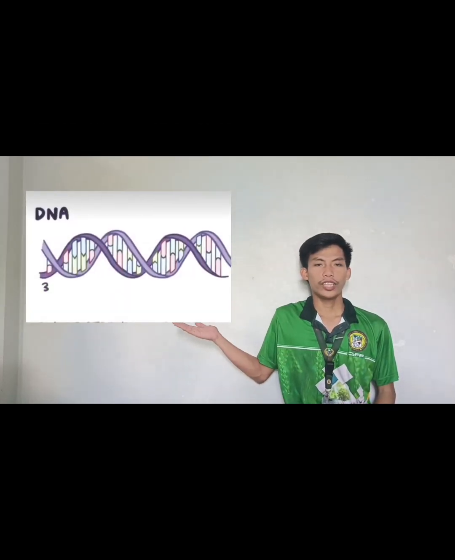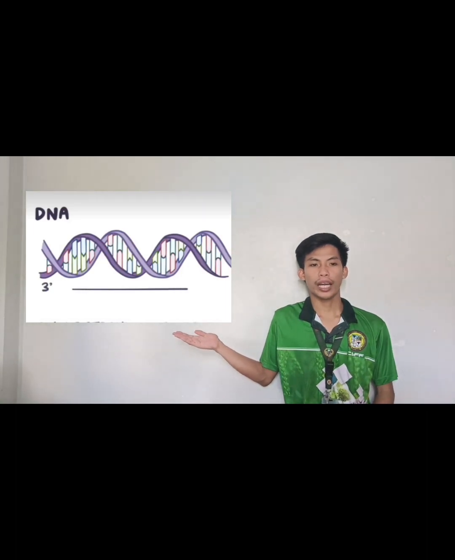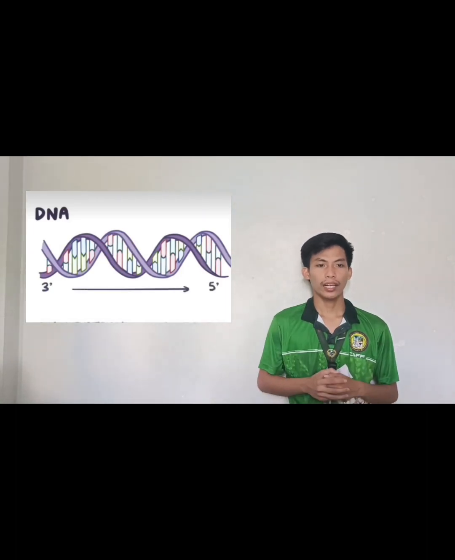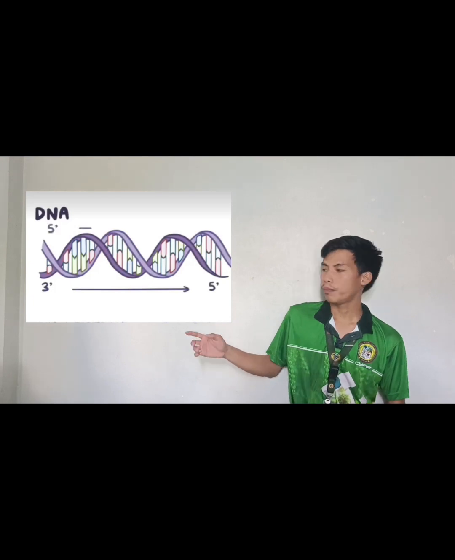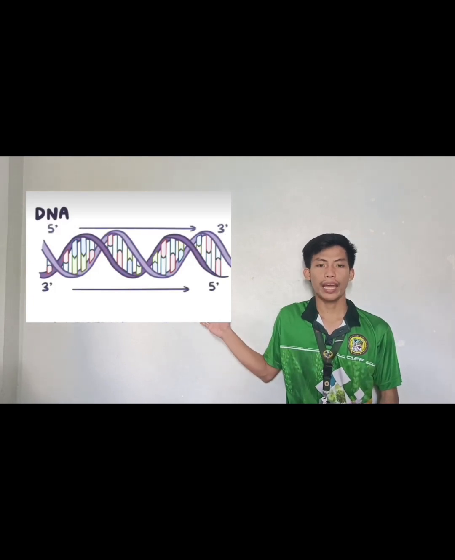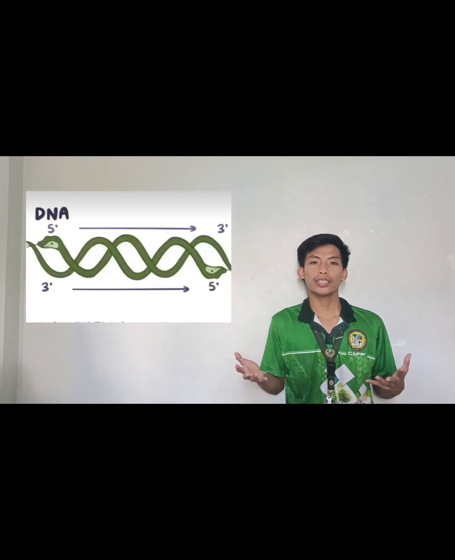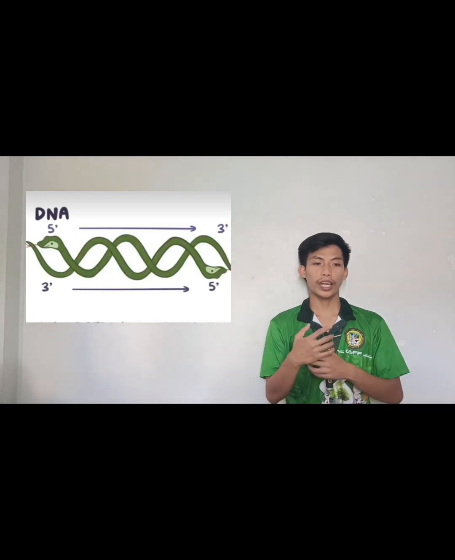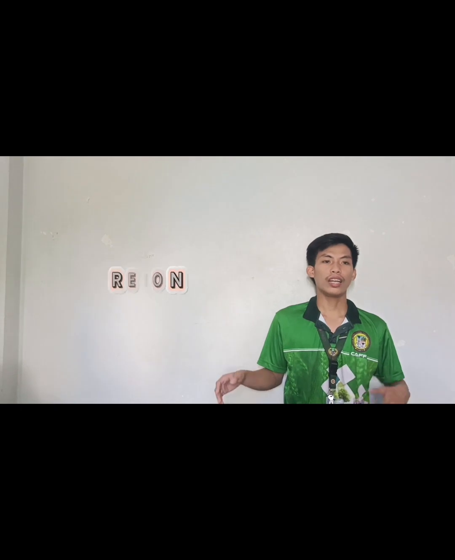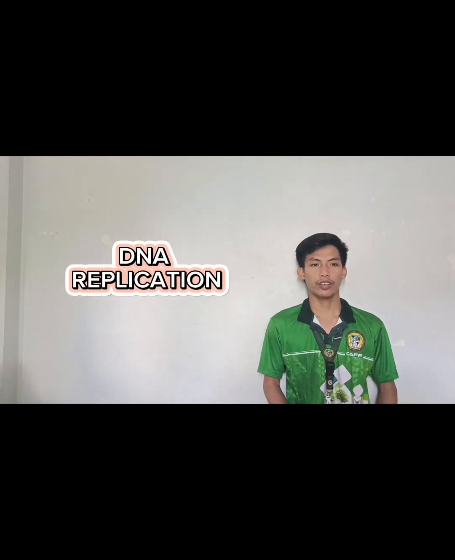One strand of DNA runs from 3' to 5', while the other runs from 5' to 3', like two snakes that coil up together but face different directions. Now let's discuss DNA replication.